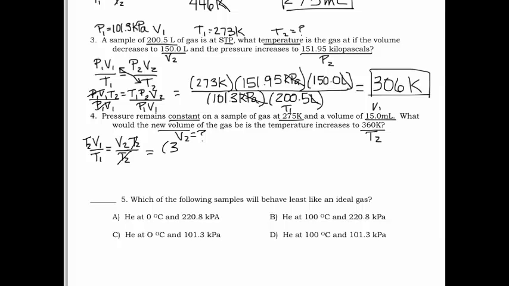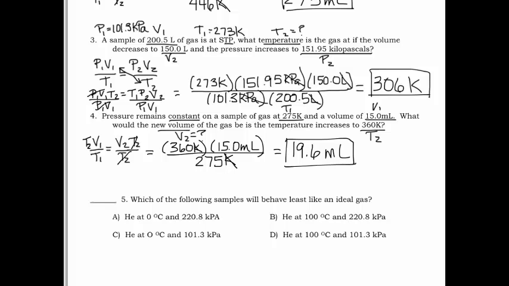T2 is 360 K. V1 is 15.0 milliliters. T1 we said was 275 K. Our K's will cancel. 360 times 15 divided by 275, and you get 19.6 milliliters.